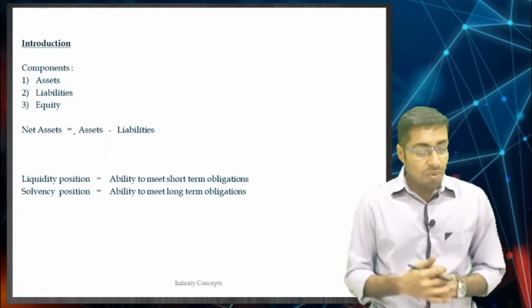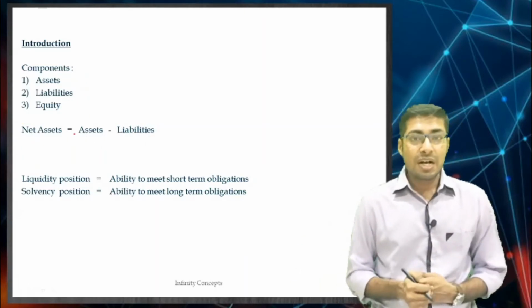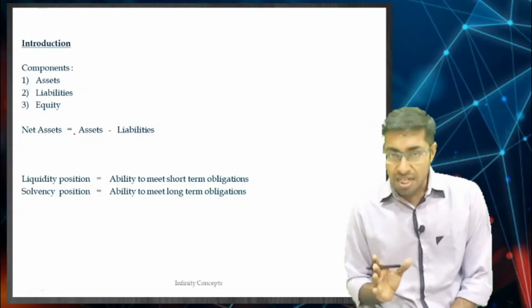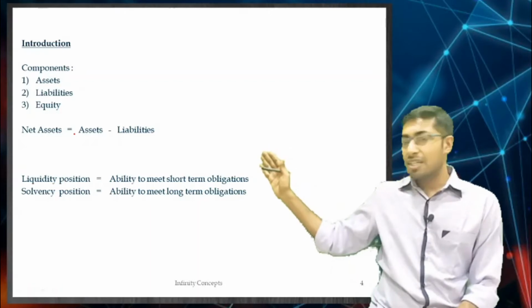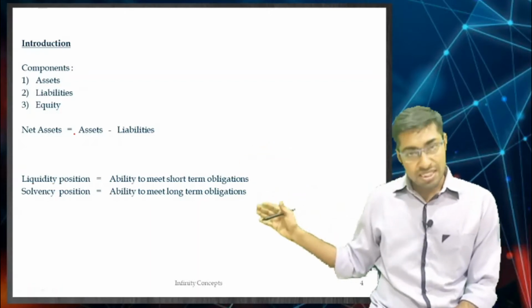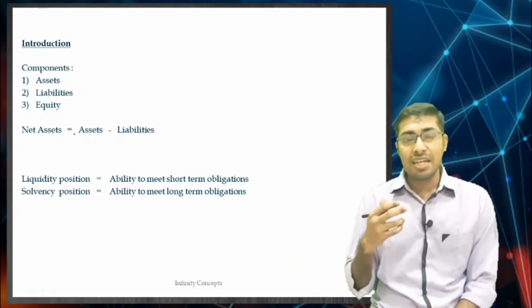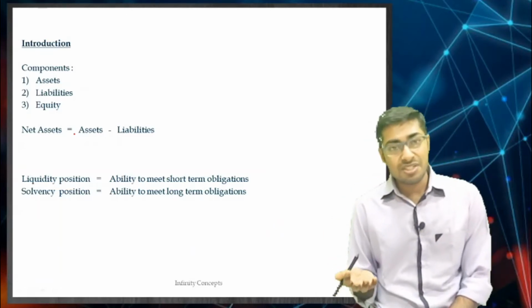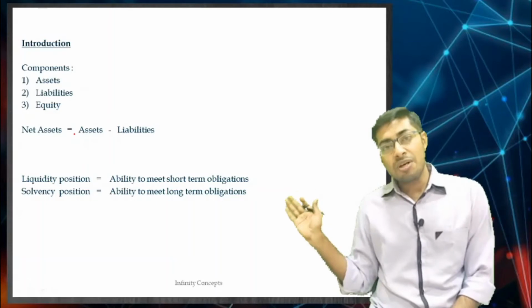Now, two words that we are going to remember: liquidity and solvency. In corporate finance we have learnt what liquidity and solvency are. In fixed income also we learnt about the liquidity position and the solvency position. Even in FRA we are now learning liquidity and solvency.